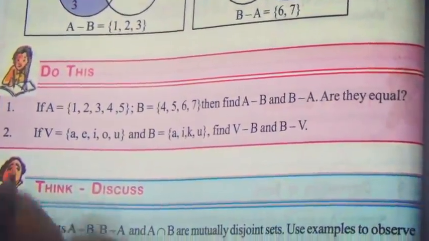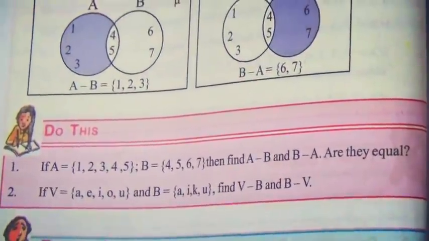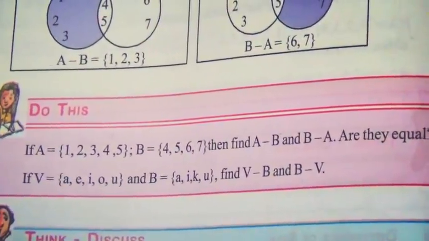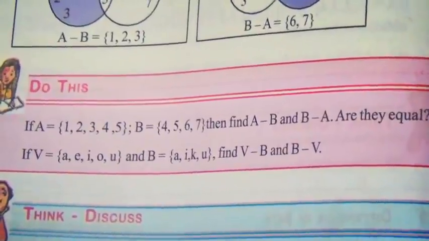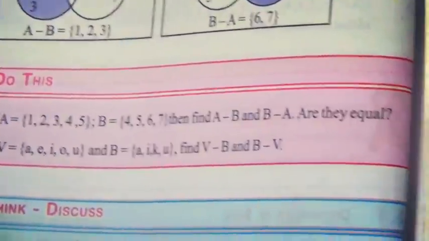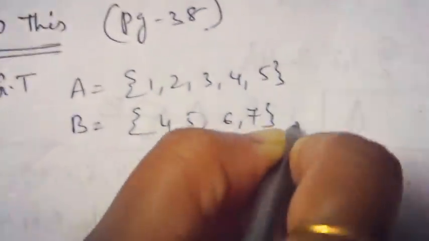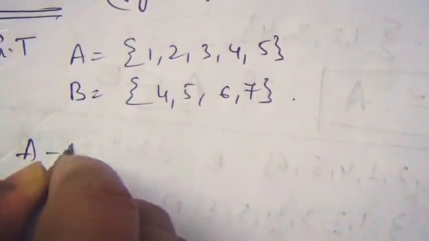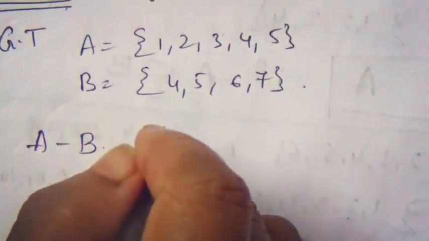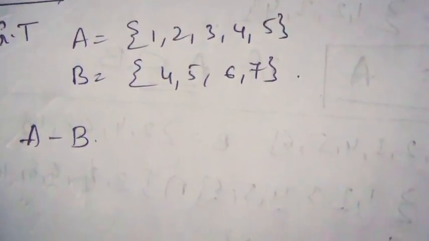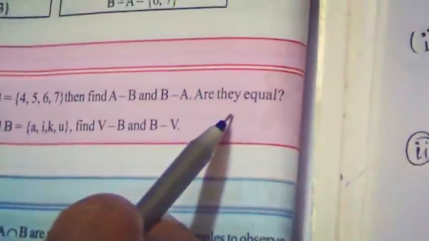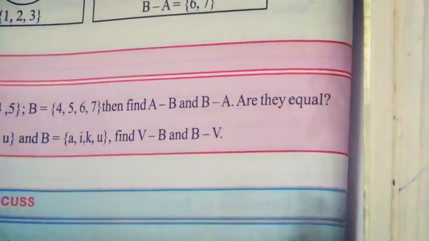The first sum: A is equal to 1, 2, 3, 4, 5. B is equal to 4, 5, 6, 7. So you have to find A minus B, and also check B minus A, and conclude whether they are equal.